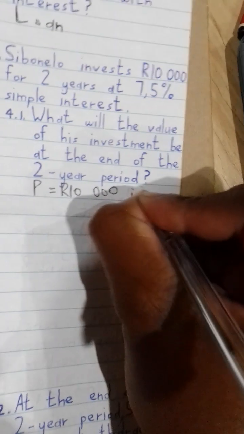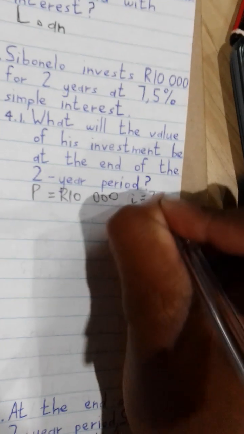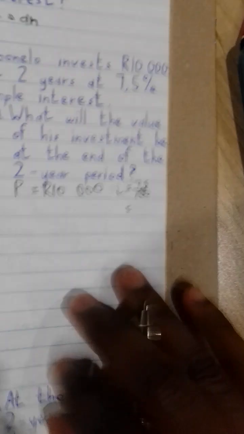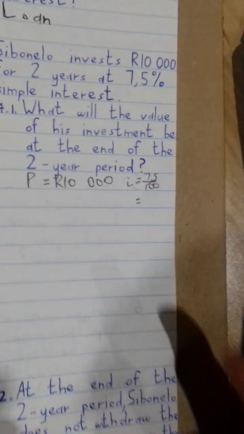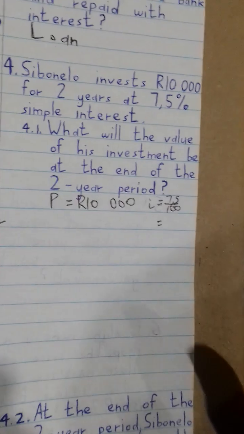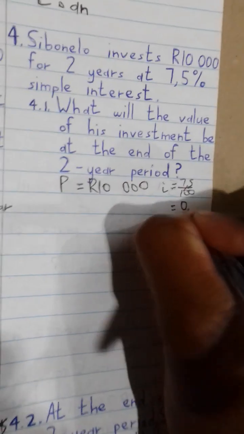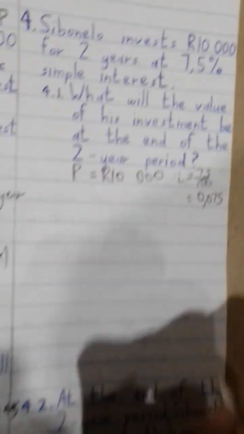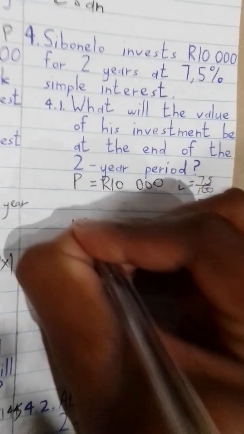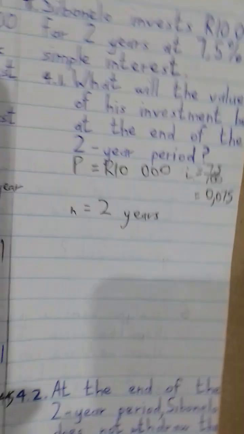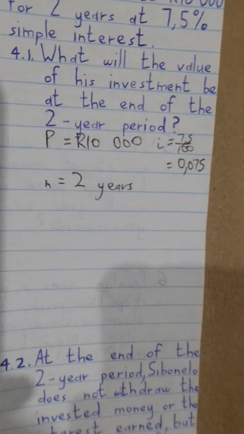So I is 7.5 over 100, which is 0.075. T is 2 years. Okay.